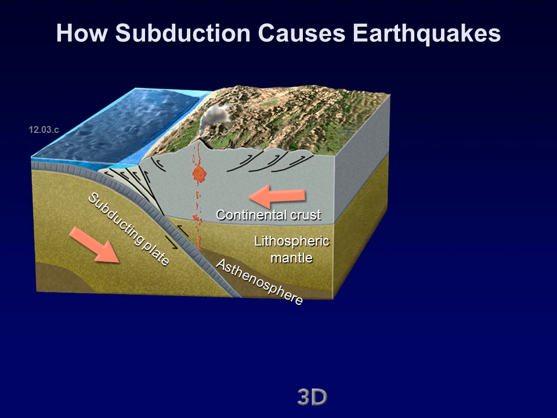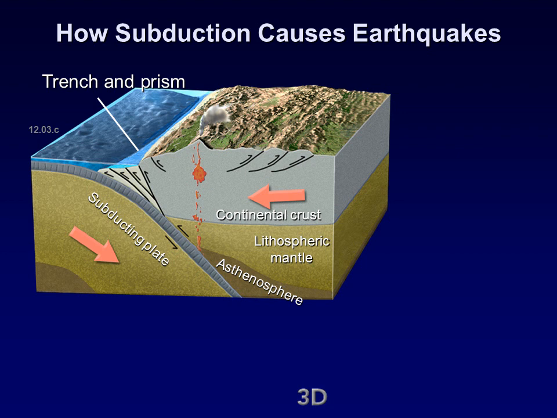At subduction zones, we're getting shallow earthquakes that occur in the trench. So right near the surface where our two plates meet at the trench and the accretionary prism, we're generating shallow but usually strong earthquakes.